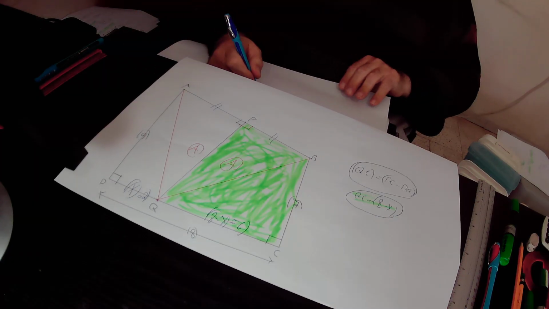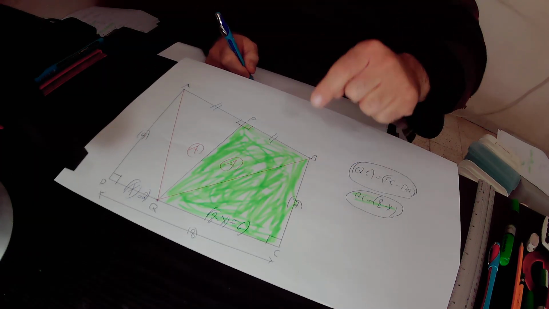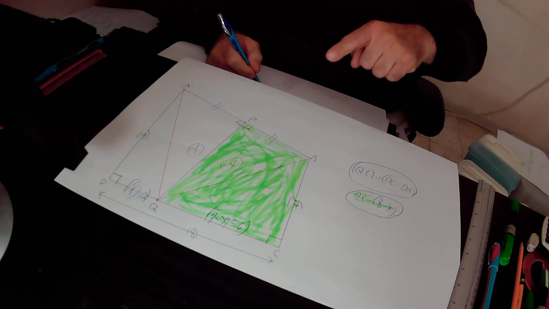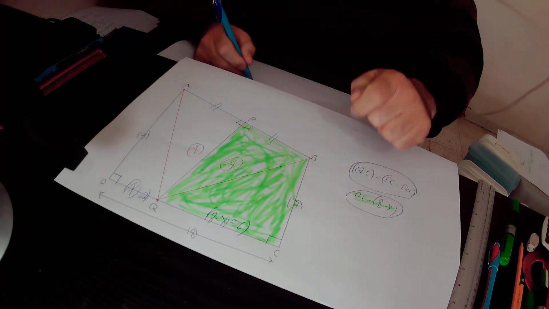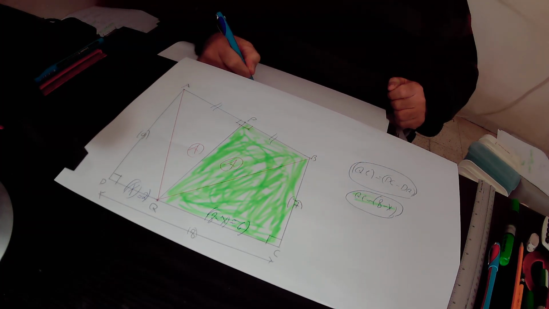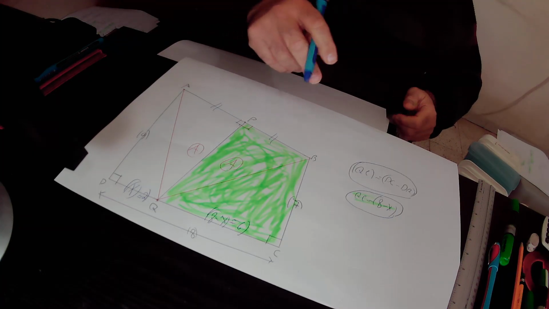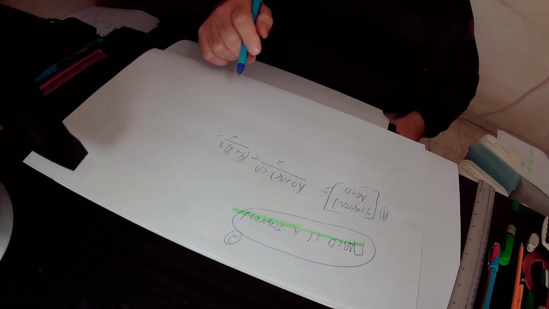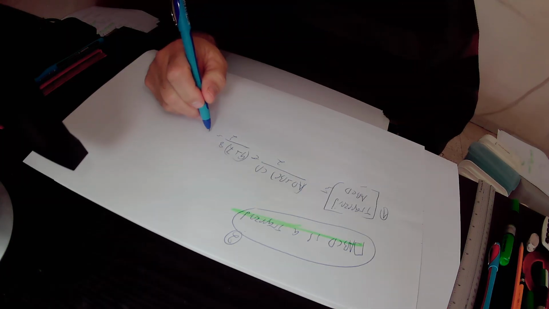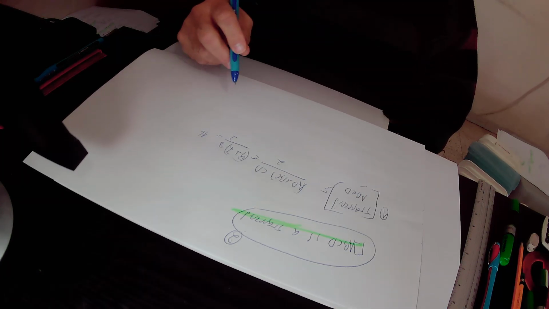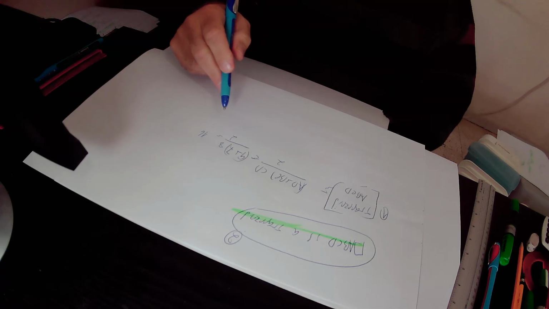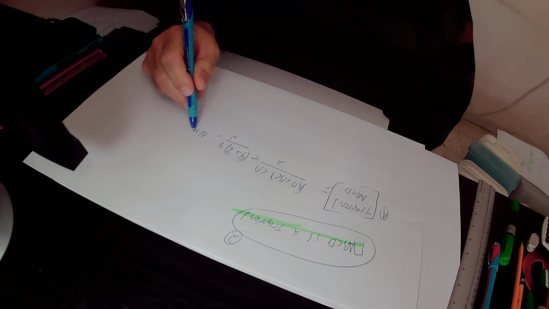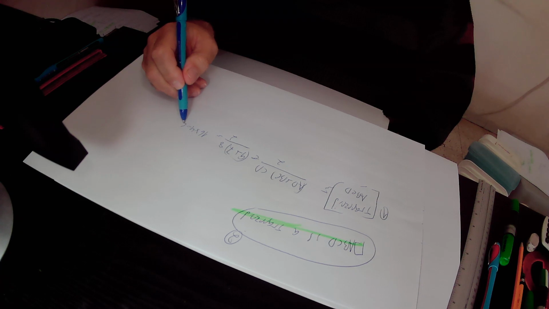AD is 9 plus BC is 7, times the height DC is 8, over 2. So in total, the area of this big trapezoid ABCD equals 9 plus 7 times 8 over 2. 9 plus 7 is 16. 8 over 2 is 4, so this expression equals 16 times 4, that is 64.